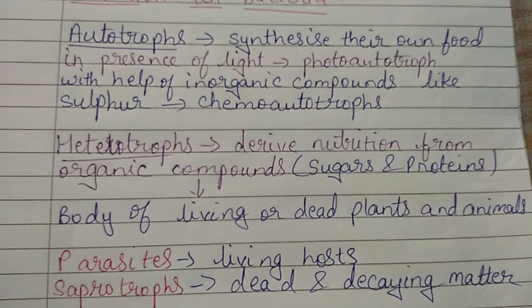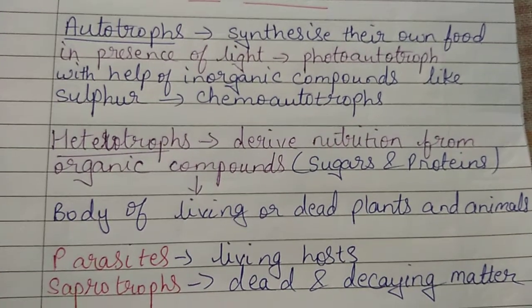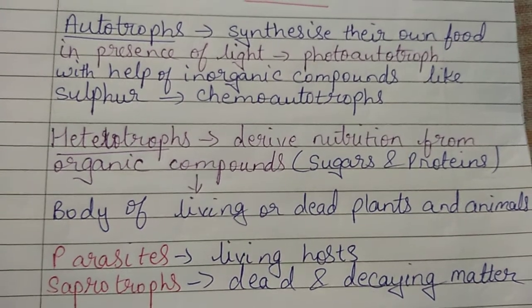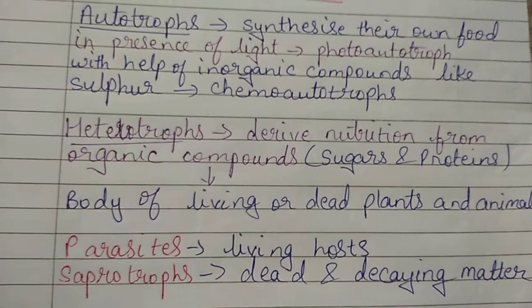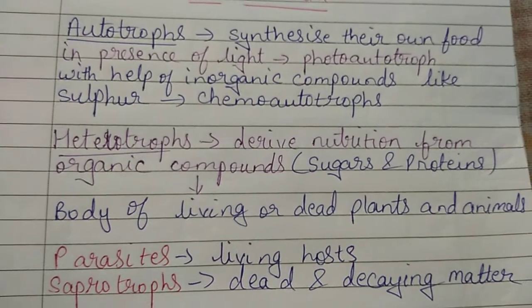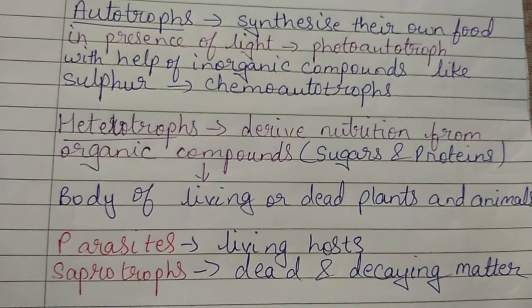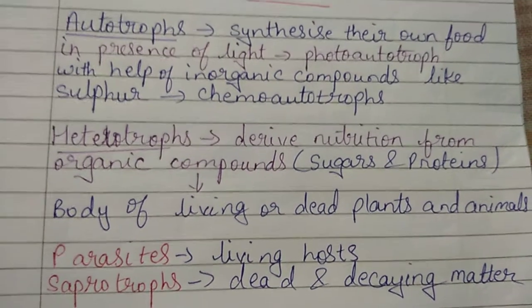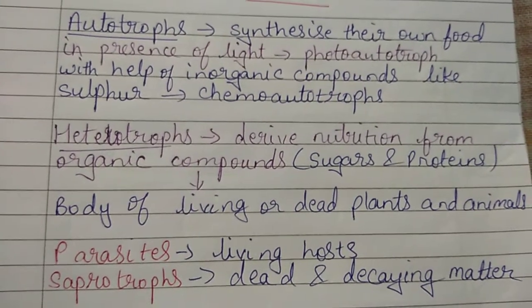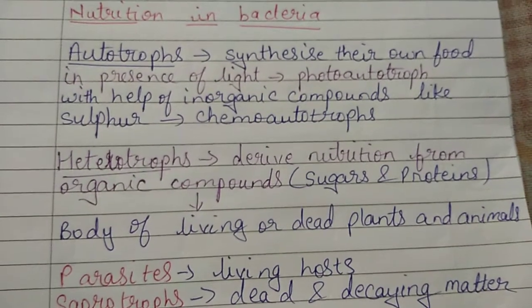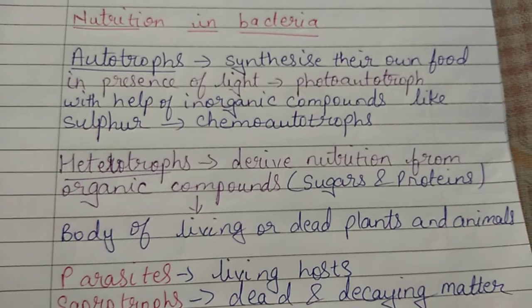If they derive organic compounds such as sugars and proteins from a living host, they are parasites. And if they derive sugars and proteins from dead and decaying matter, they are called saprotrophs. So these are the bacteria based on the type of nutrition or the way of nutrition.